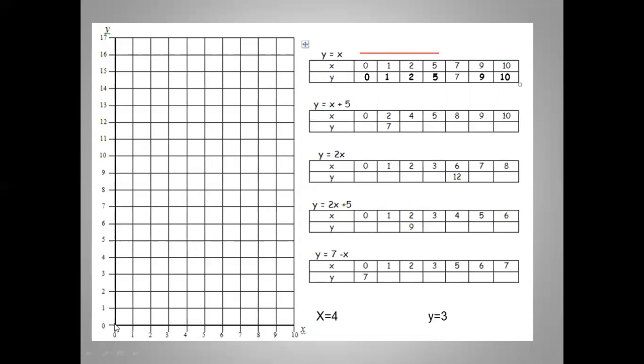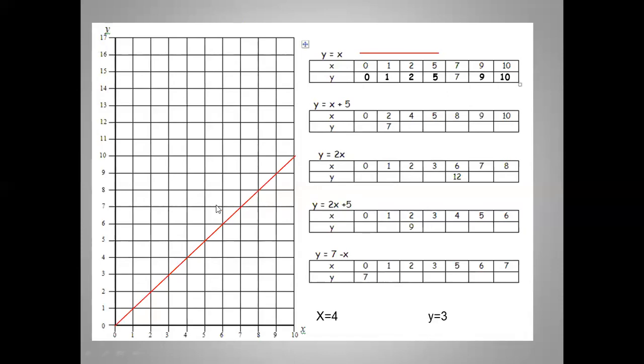I have (0, 0) starting from here, (1, 1) here, (2, 2) here, (3, 3) here, (4, 4) here. So the line y equals x is drawn diagonally on the graph starting from the origin.